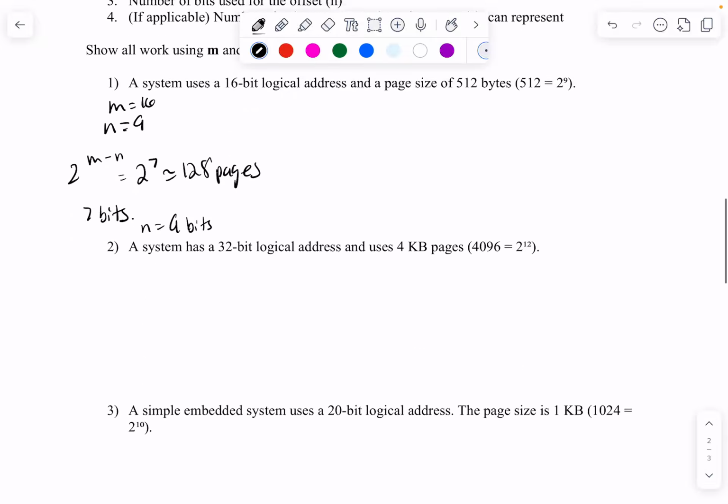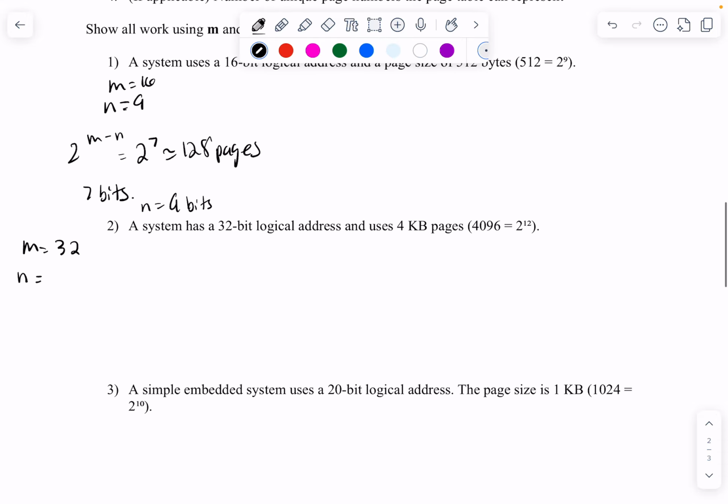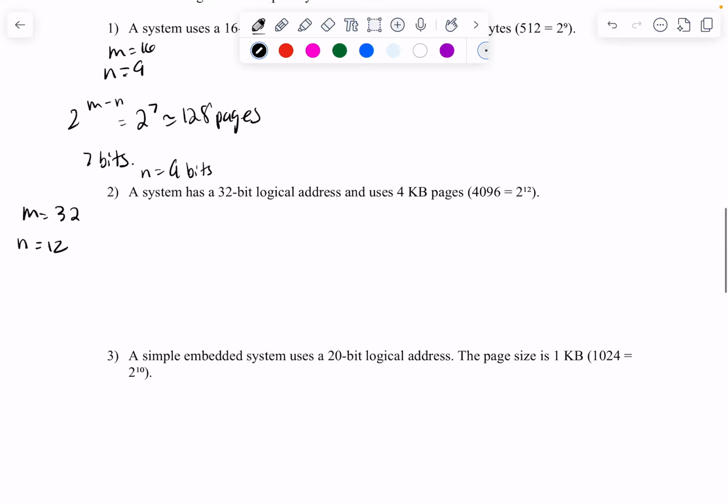So our next problem is a system that has a 32-bit logical address using 4 kilobyte pages. Again, that's 4096 bytes, also known as 2 to the 12th power. So m is 32, n is 12, which is our offset bits.